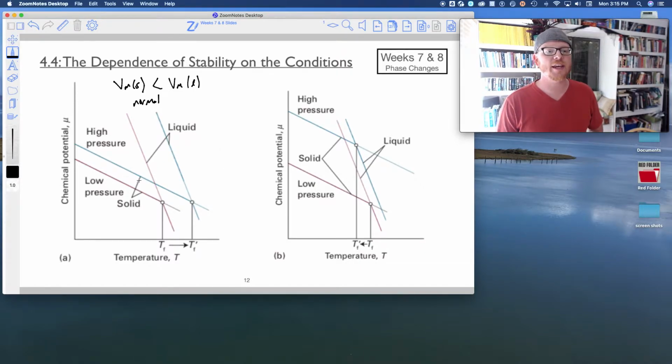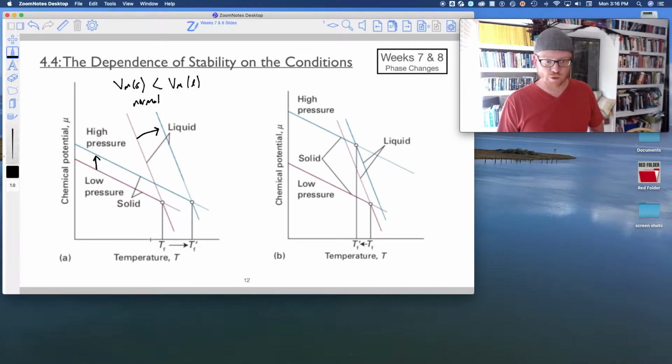So what you see here is a smaller effect on the increase of the chemical potential of the solid, but a much bigger increase of the chemical potential of the liquid.